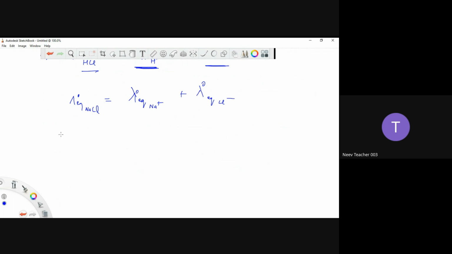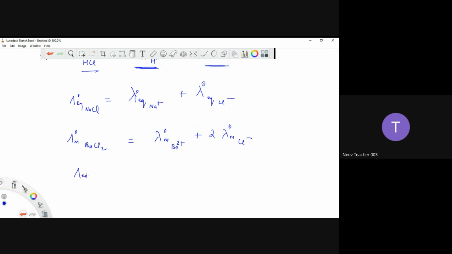The difference is seen when you take lambda m naught of BaCl2. Let's take BaCl2. What do you get? You get lambda m naught of Ba2 plus, plus twice lambda m naught of Cl minus.